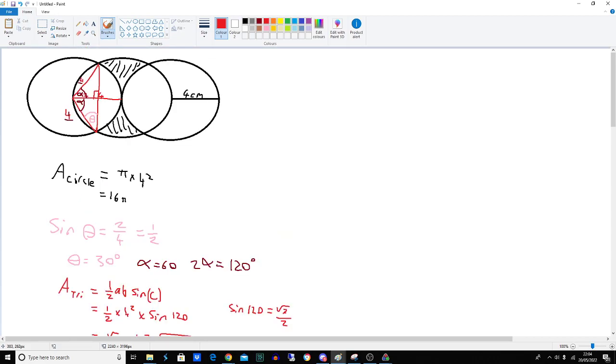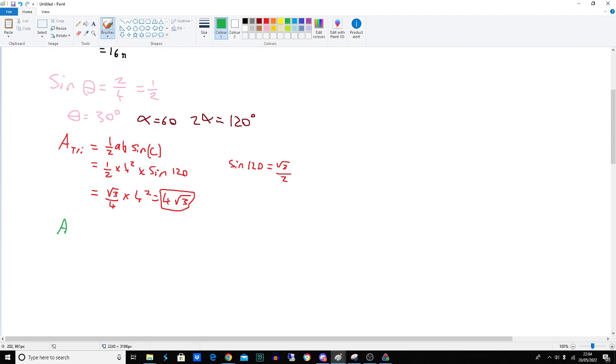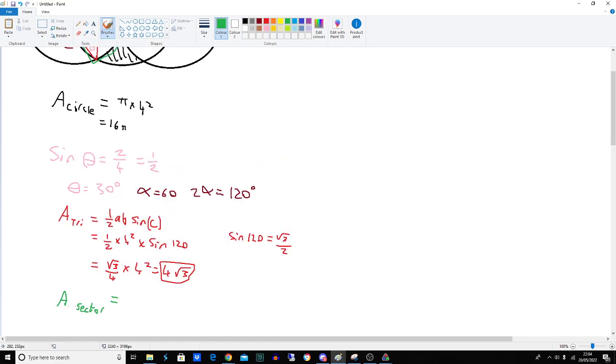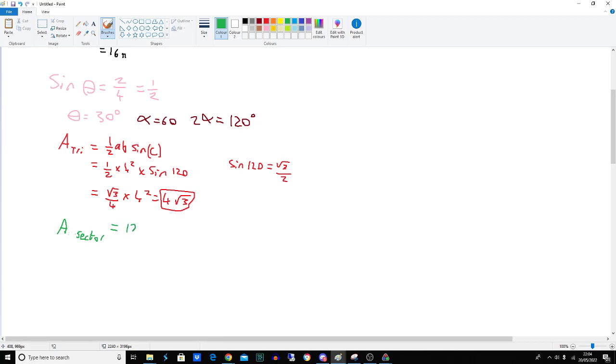Now, to work out the area of this, I'm going to label this in green. What is this? It's not a bisector, it's a sector. The area of the sector is equal to, well, we know that this is 120, so it's going to be 120 over 360 times pi times 4 squared, which is equal to 16 over 3 pi.